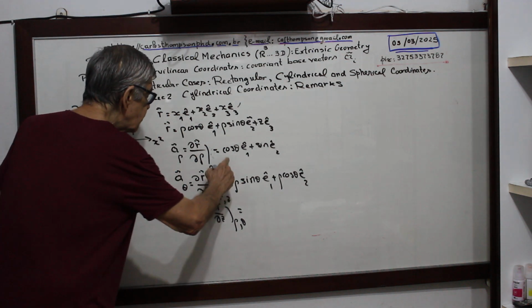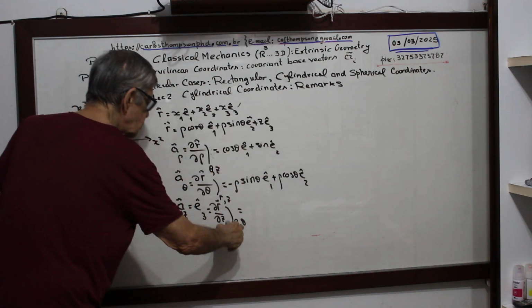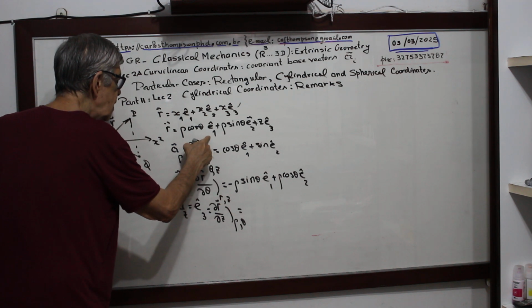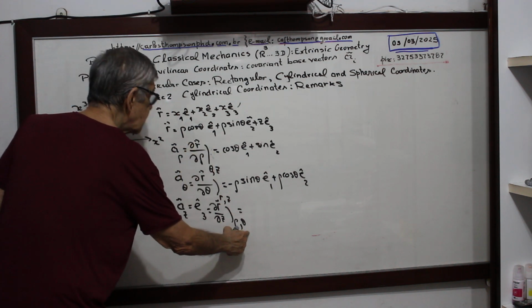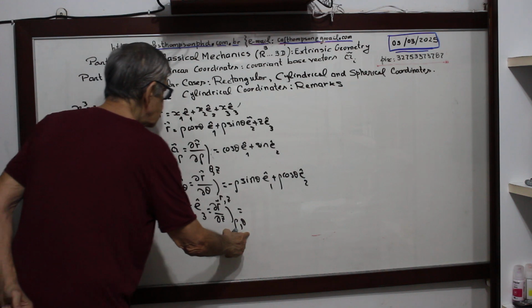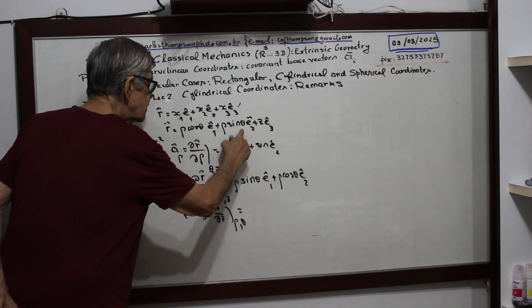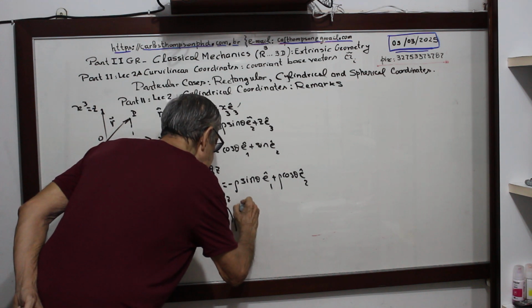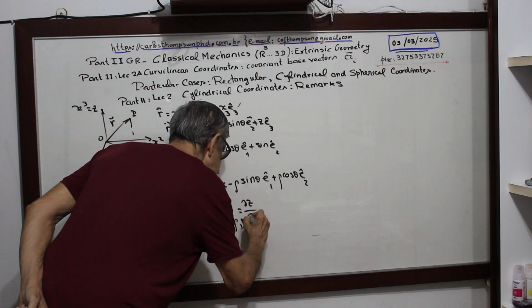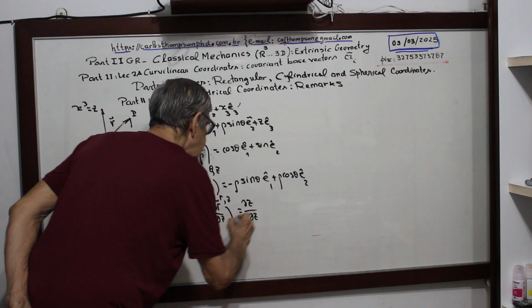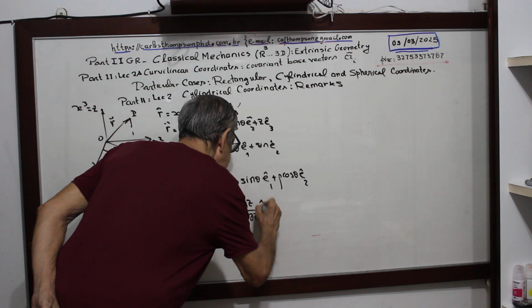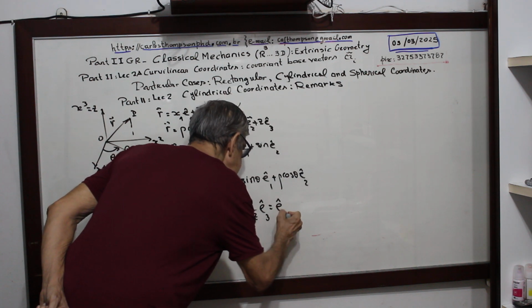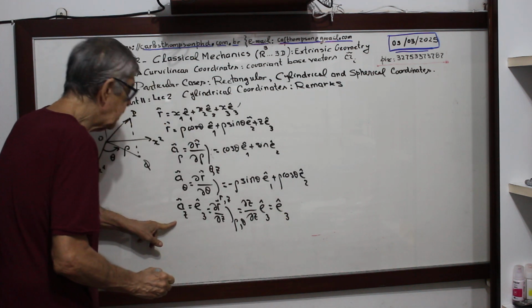So I just derive here with respect to z. This will be 0, because rho and theta are considered constant. This over here is partial of z with respect to z, E3. So this is E3.